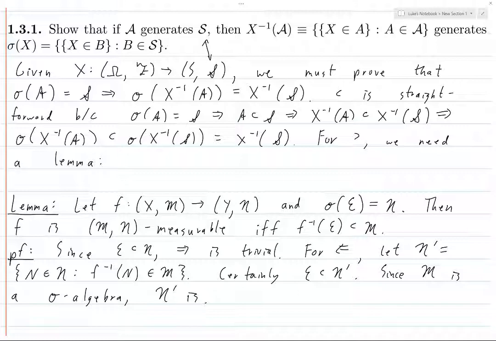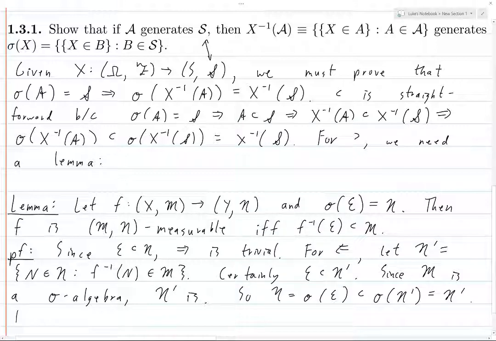But anyways, so you can prove that N prime is a sigma algebra. So N, which is the sigma algebra generated by E, is contained in the sigma algebra generated by N prime, because E is contained in N prime. But N prime is a sigma algebra, so this is precisely N prime.